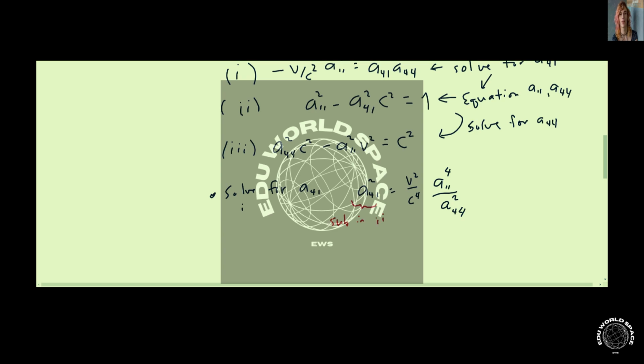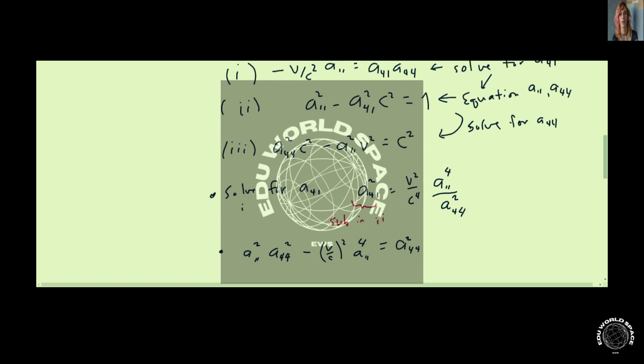That's sort of the next step. And you get, yeah, a mess: a11 squared, a44 squared, minus v over c squared, a11 to the 4th is equal to a44 squared.